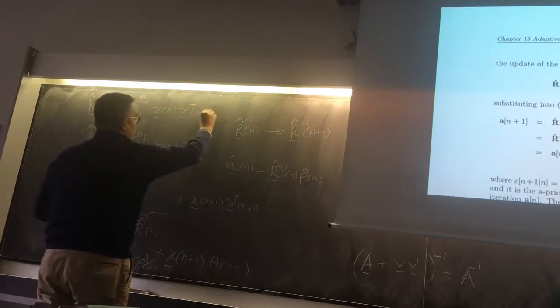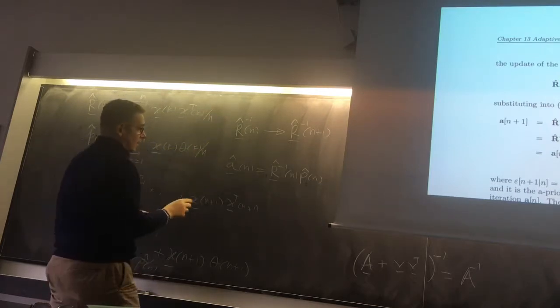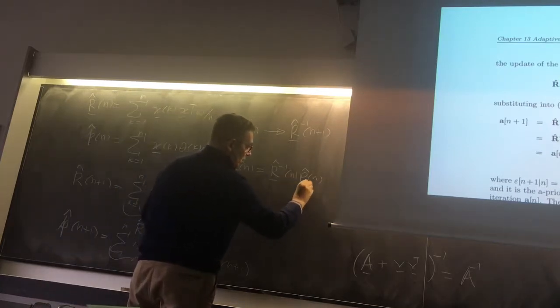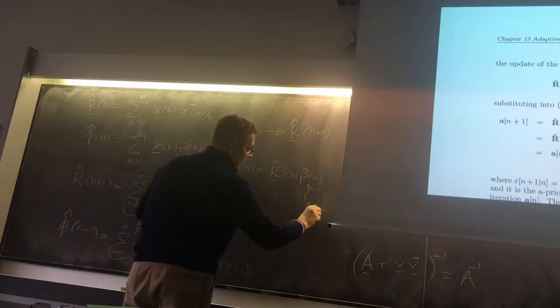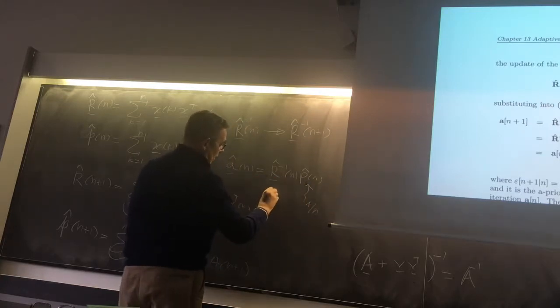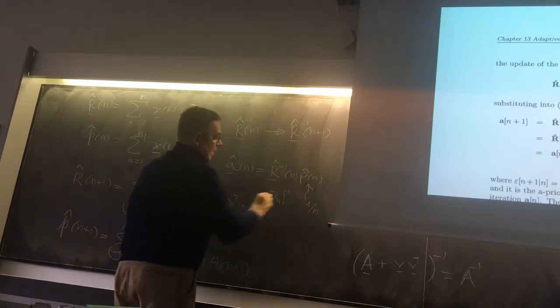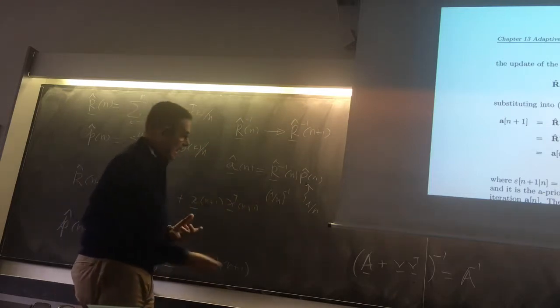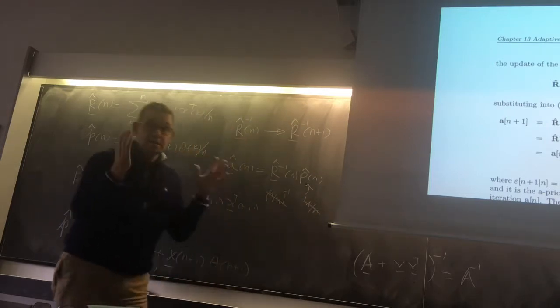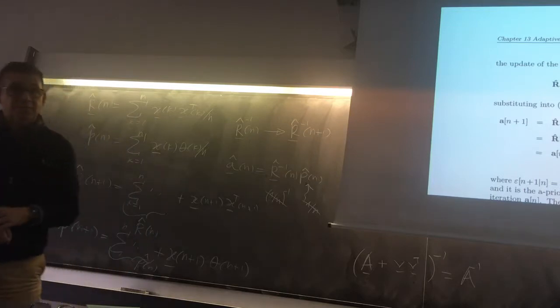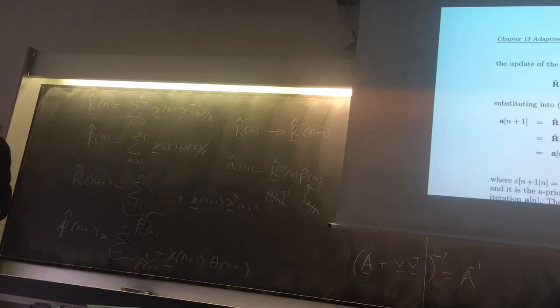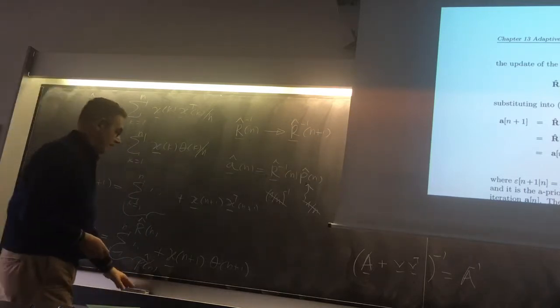So if I have 1 over n and n here, that means that this term contains 1 over n, and this term contains 1 over n to the minus 1, which means n. This and that simplify. Is that clear? Okay, see the recording later.